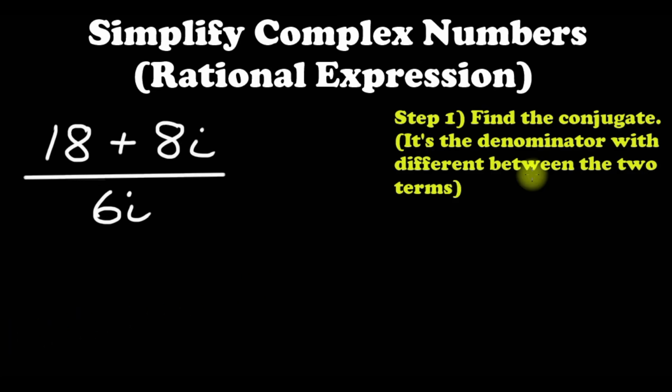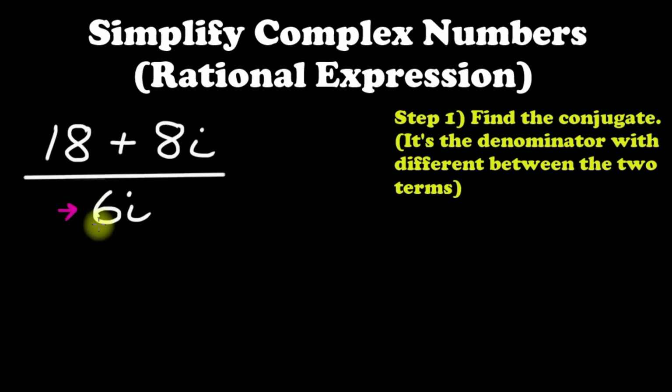Okay, so first thing we have to do is find the conjugate. Okay, so to come up with the conjugate, it's the denominator with the difference between the two terms. Okay, so here's your denominator. So the 6i is your denominator. Okay, so the bottom is your denominator. So that's 6i.